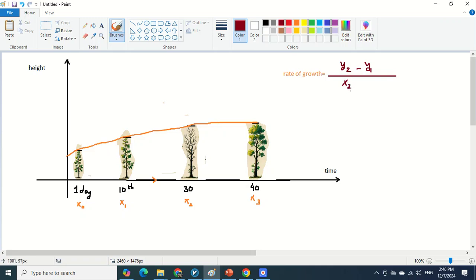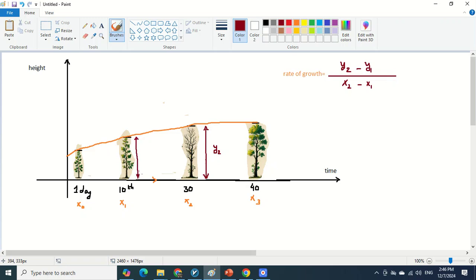So now we can simply calculate the rate of growth by this calculation. The second height is determined by y2, as I said, and the initial height is determined by y1.